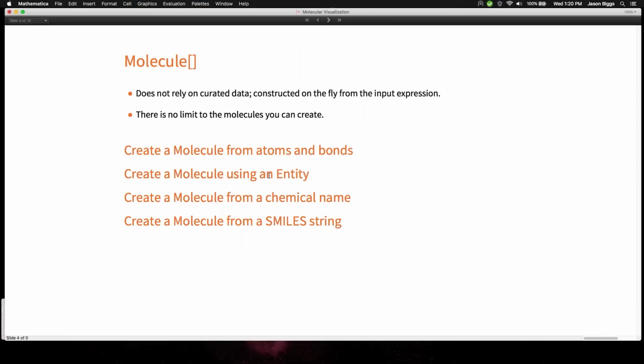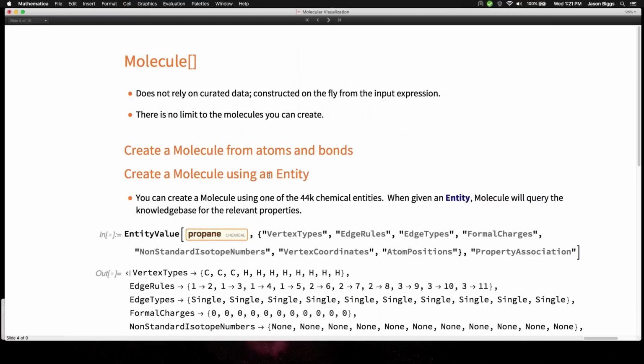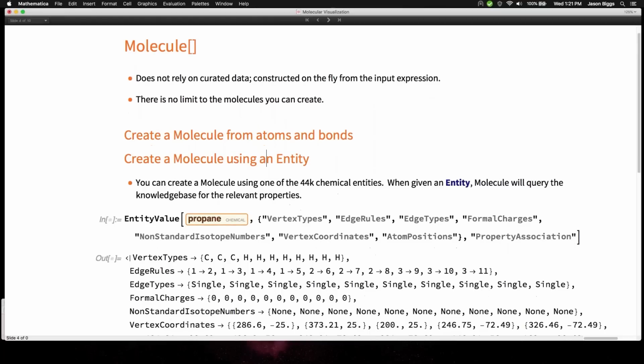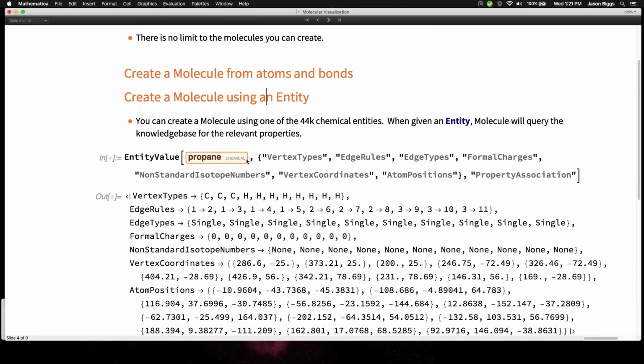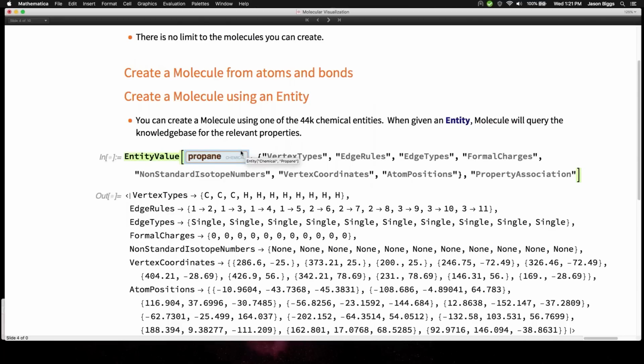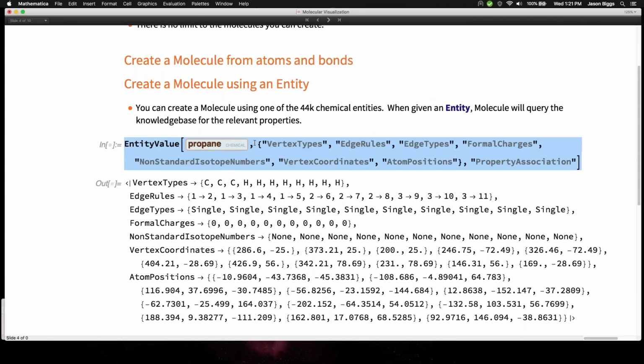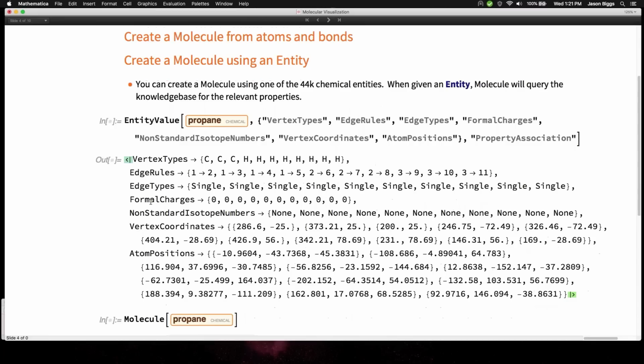Then we can use the knowledge base to get the properties. Here we have propane. This is a yellow box, an entity that represents propane. If you call EntityValue on it and ask for all these different properties, you get this amount of information.